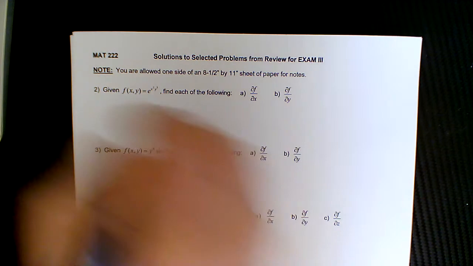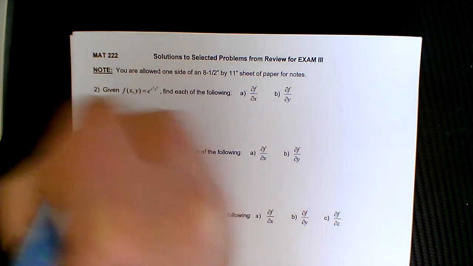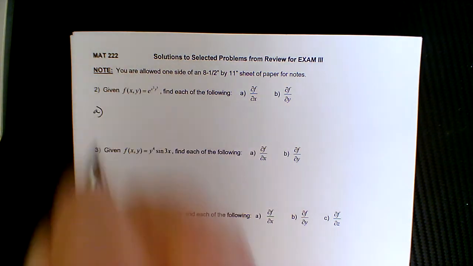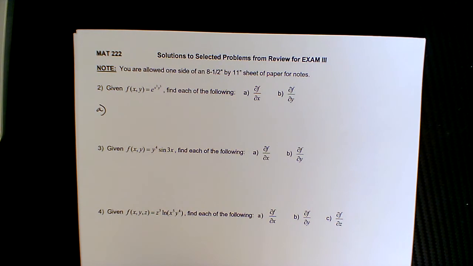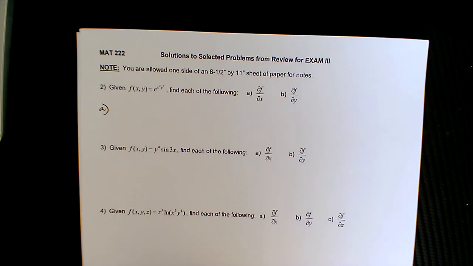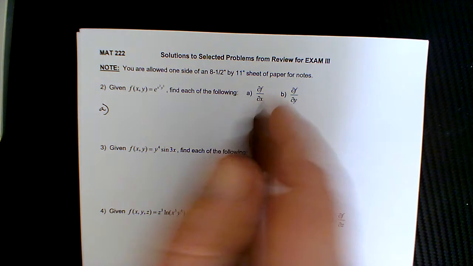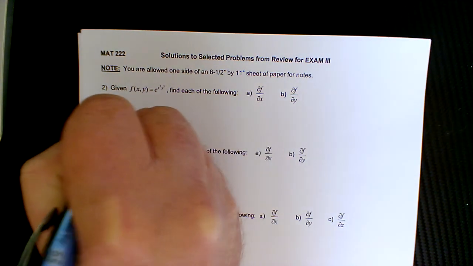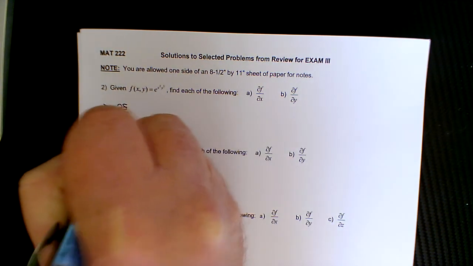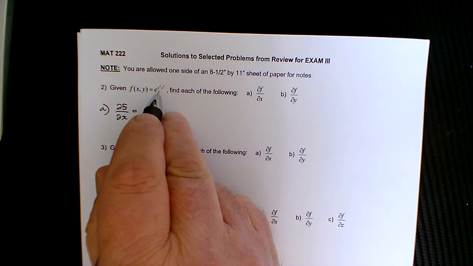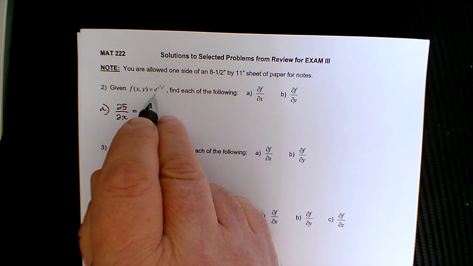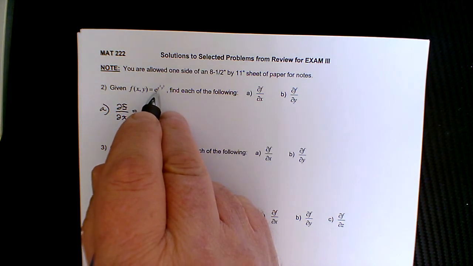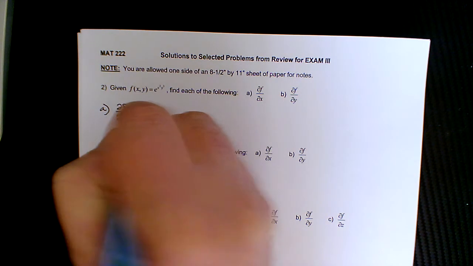Concerning the partial derivatives themselves, be prepared for all types of functions. A lot of our more involved examples are just basic polynomials, but here I'm going to include some situations that involve other differentiation formulas. So if we want to find the partial of f with respect to x, remember we're holding y as a constant, so this will require the formula for e to the u, so we just repeat e to the u.